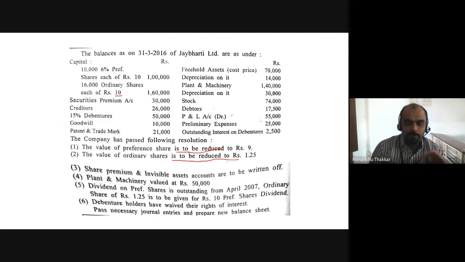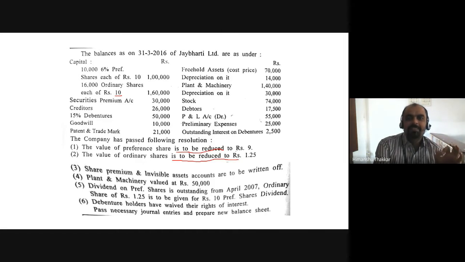Or if you don't remember this logic, just think that in case you reduce any item on the liability side, it's a benefit situation, and in a benefit situation your capital reduction is to be credited, and if you want to credit it, you need to debit that item which is getting reduced. Don't get confused. I hope you remember the simple understanding I tried to give you in the previous lecture.